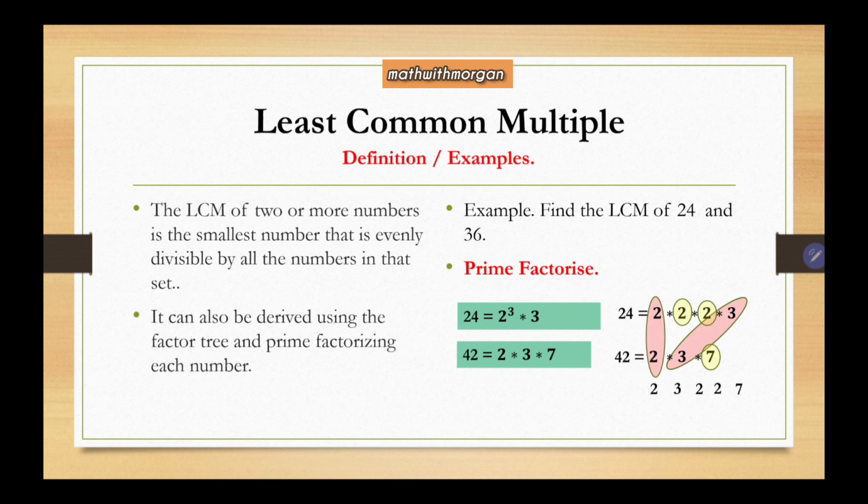Unlike HCF, where we were taking just the numbers they shared in common, in LCM, we get the numbers they share in common and we also take the leftover numbers and multiply to it. When we multiply all of these numbers, you would see that the LCM is 168. So 168 can be divided by 24 and 36 evenly.